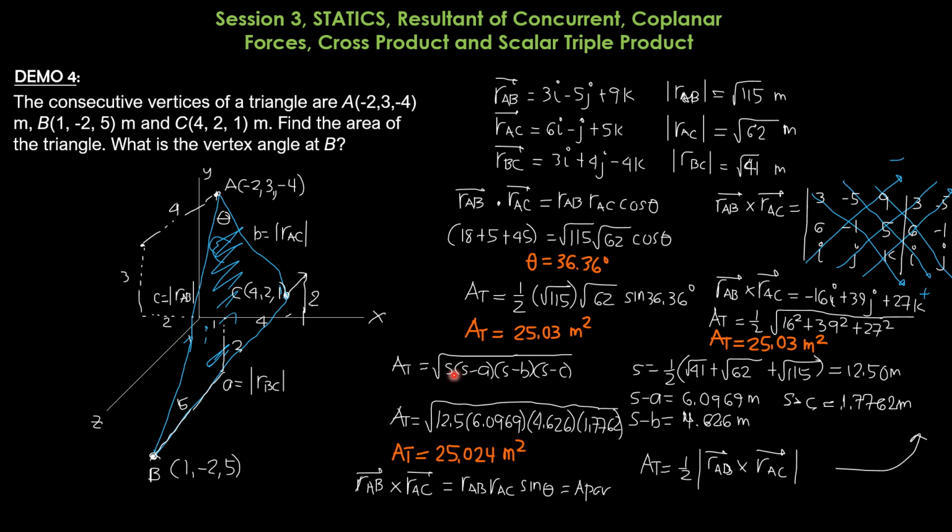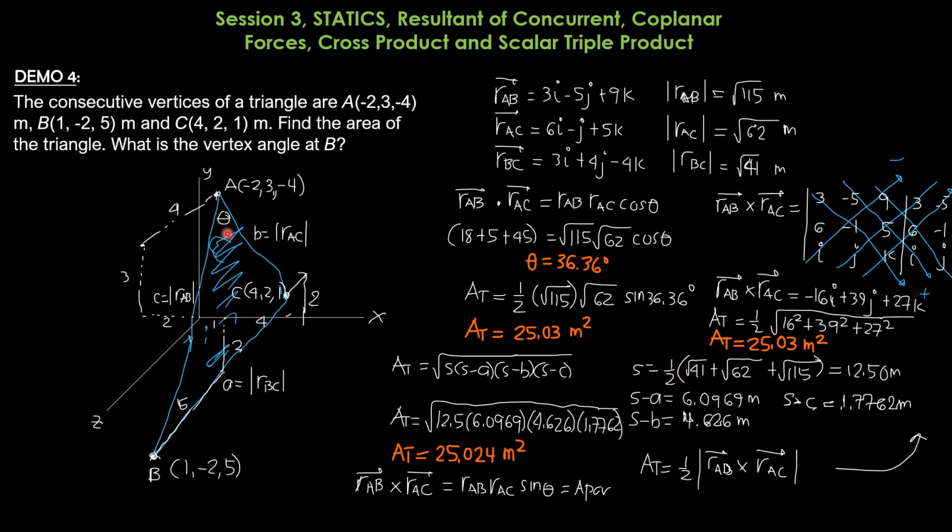Another solution is from trigonometry by Heron's formula. Area of triangle is square root of S times S minus A, S minus B, times S minus C. Remember, S is half the perimeter. So S is 1/2 of the perimeter of the triangle.